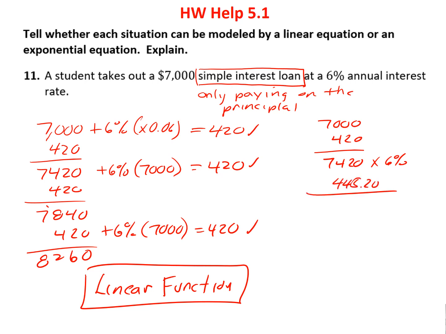Notice that my interest went up because now I'm paying interest not only on the principal, but on the principal and the interest. And this is what we call compound interest. This ends up being exponential. Whereas with simple interest, just think simple interest is going to be linear. But compound interest is exponential.